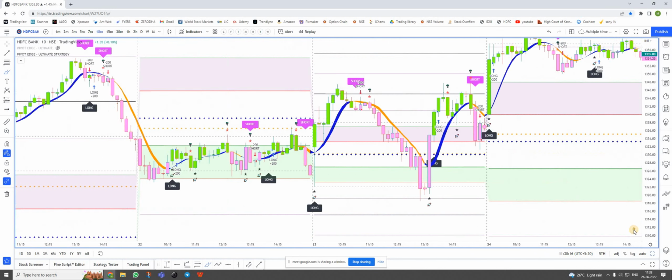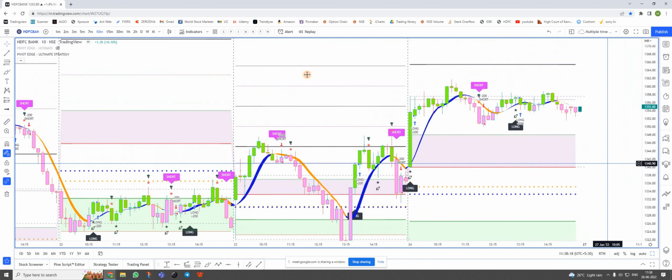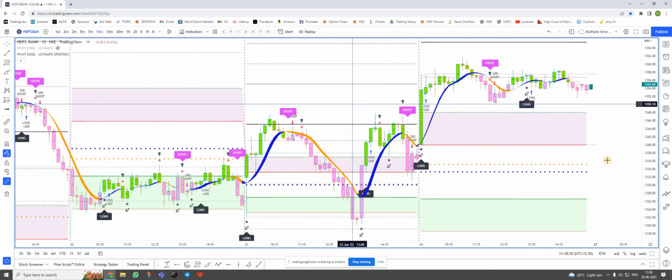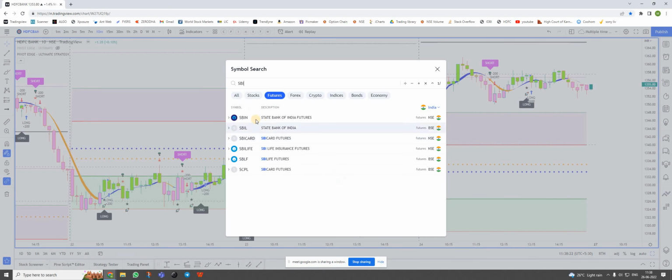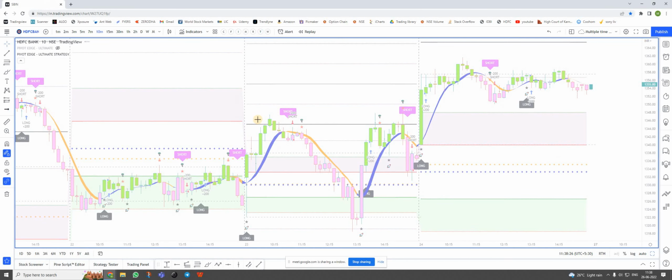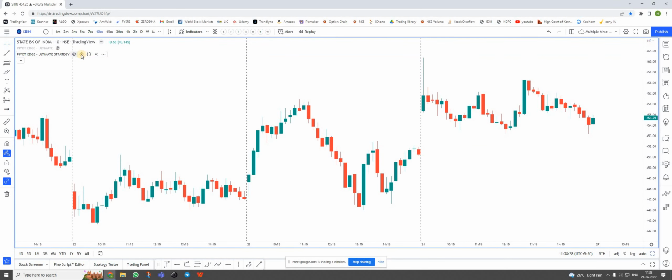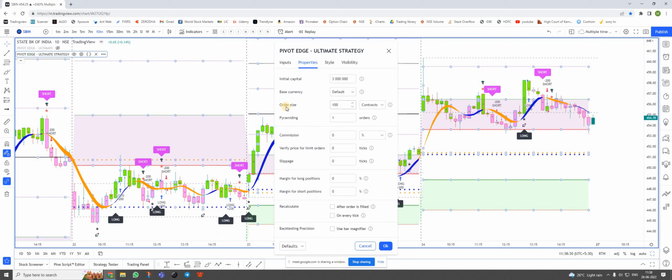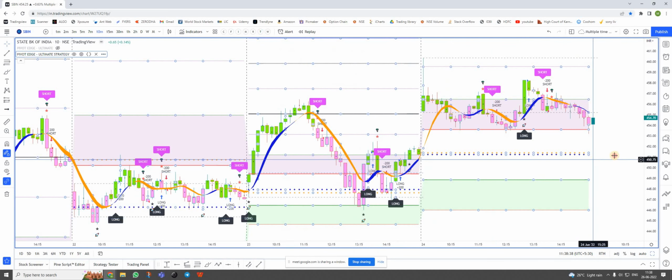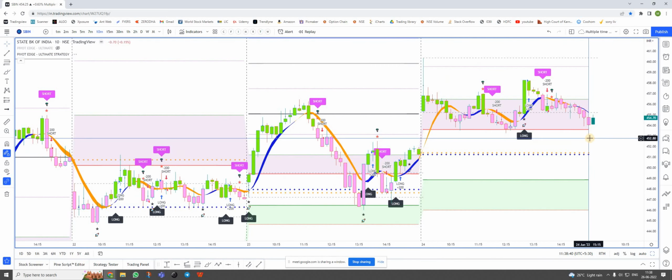So for example, if you take SBI, you can take less capital. Whatever quantity you can define here, like for example, here you have order size. Here you can define even 10 quantity, even one quantity for testing purpose. I was using only one quantity for testing purpose.